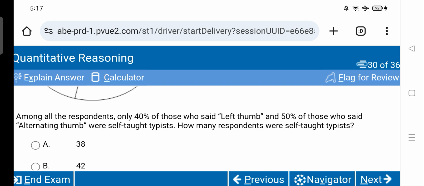The question is that among all respondents, only 40% of those who said left thumb and 50% of those who said alternating thumb were self-taught typists. How many respondents were self-taught typists?